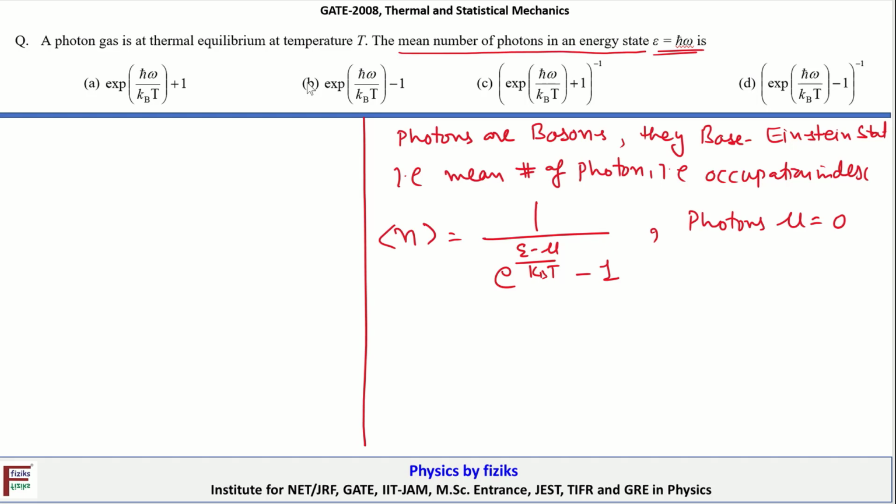So this equation reduces to 1 upon exponential E upon k_B T minus 1.